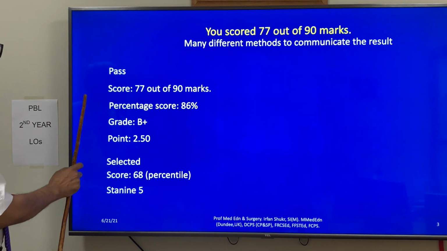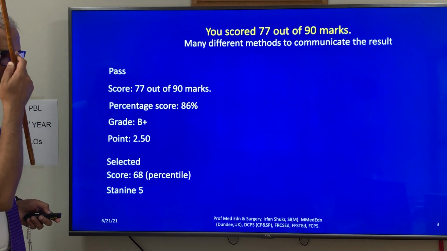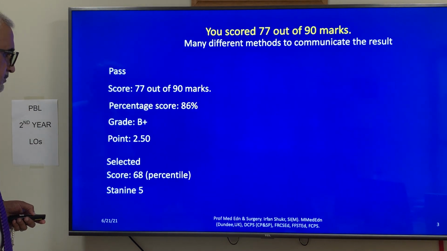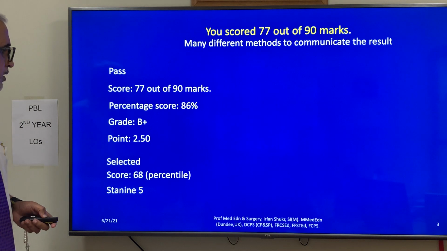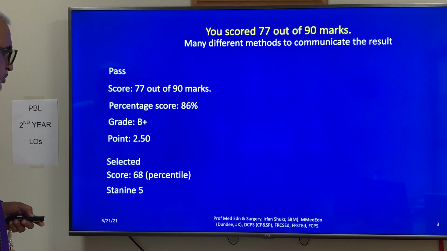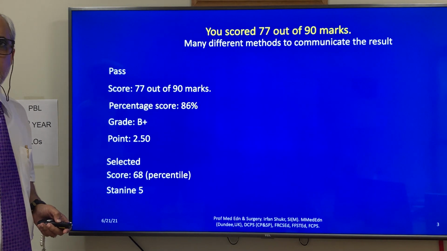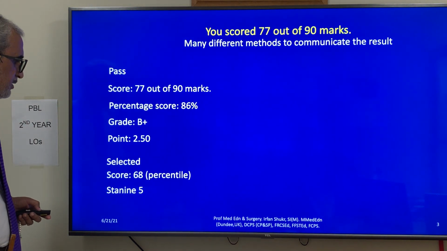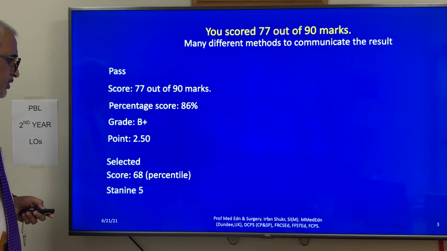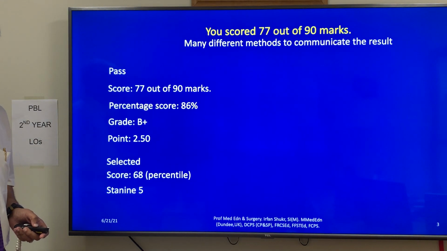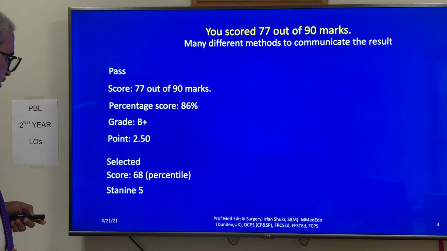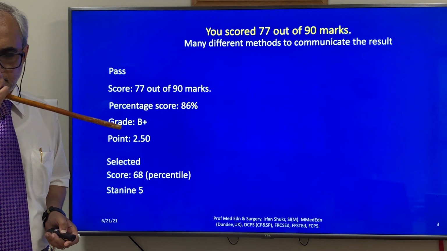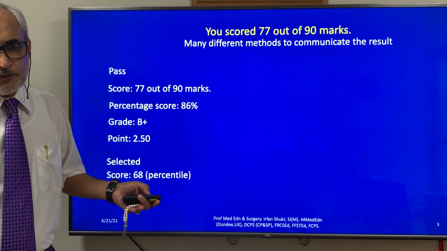It could be a percentage score, 86%. It could be grade B+. It could be a point, 3.50. It could be simply a word, selected. It could be a score of 68 percentile. It could be Stanine 5. So many ways.